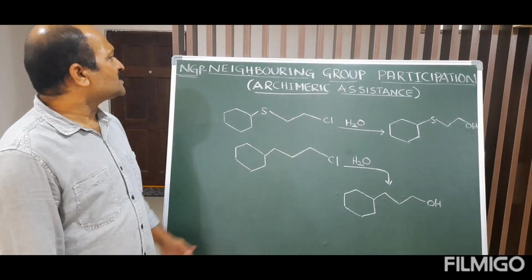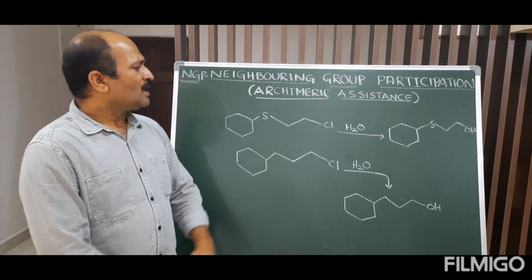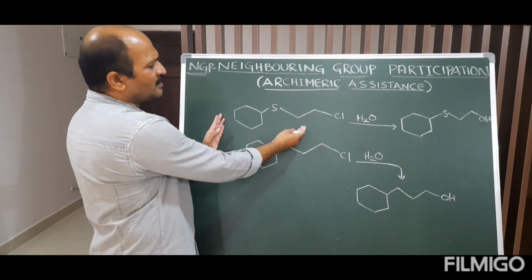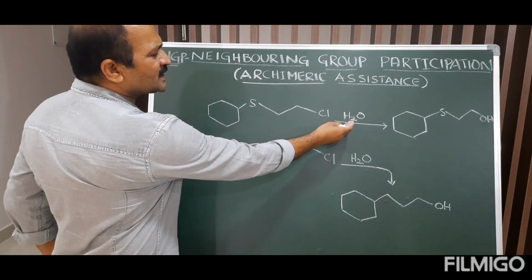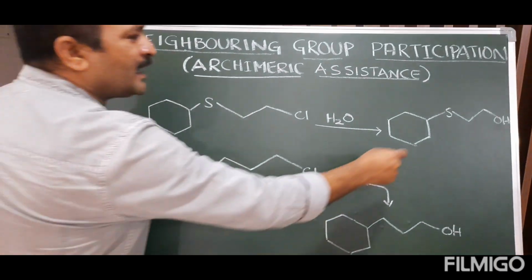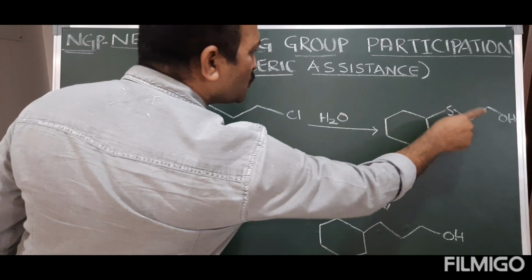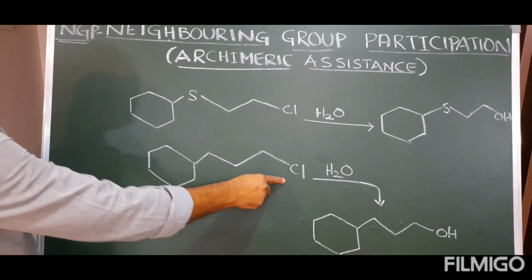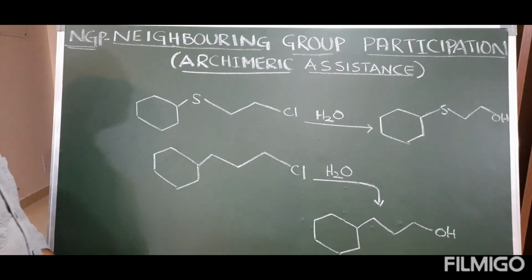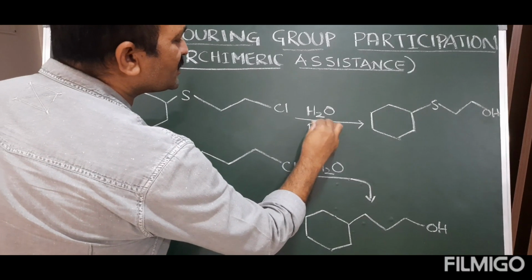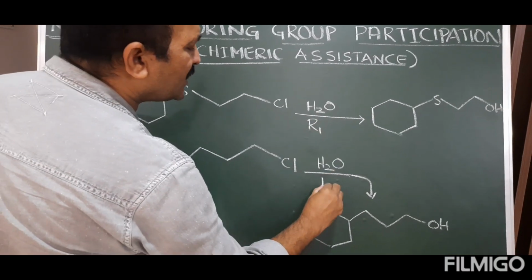Before discussing NGP reactions, I am taking two different examples. This is the reactant, which undergoes nucleophilic substitution with water. Here chlorine is substituted with the OH group. My simple question is, here the rate is R1, here the rate is R2.